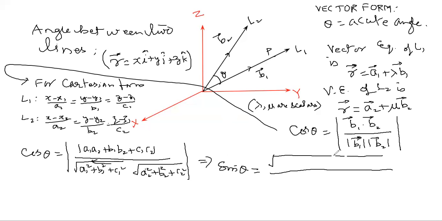It comes from the identity sine square theta plus cos square theta is equal to 1, but you have to remember it.